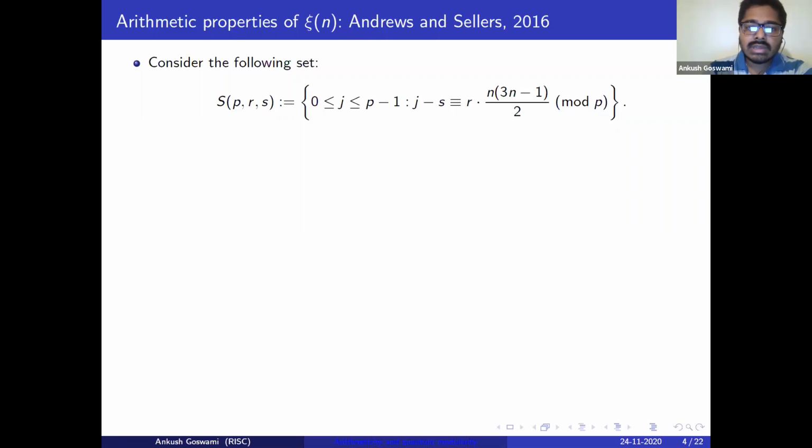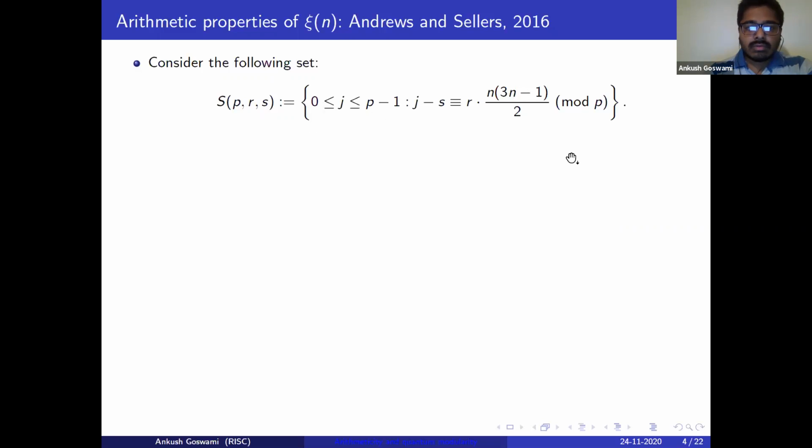In particular, if you just take r equals 1 and s equals 0, which corresponds to F(1-q), we will see this later. So if you choose s equals 0 and r equals 1, then this set S(p,1,0) will be the set of all integers between 0 and p-1 for which j is congruent to a pentagonal number mod p.